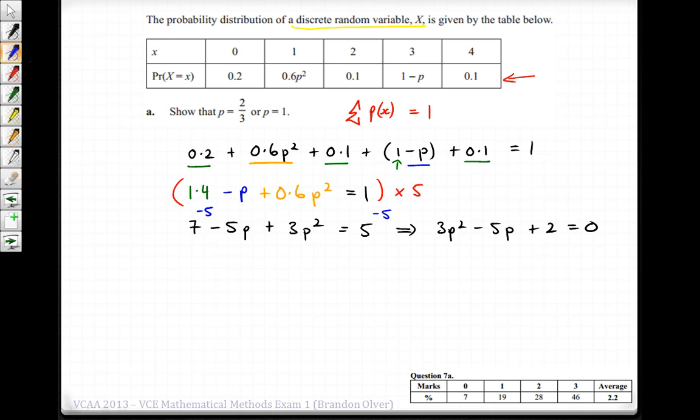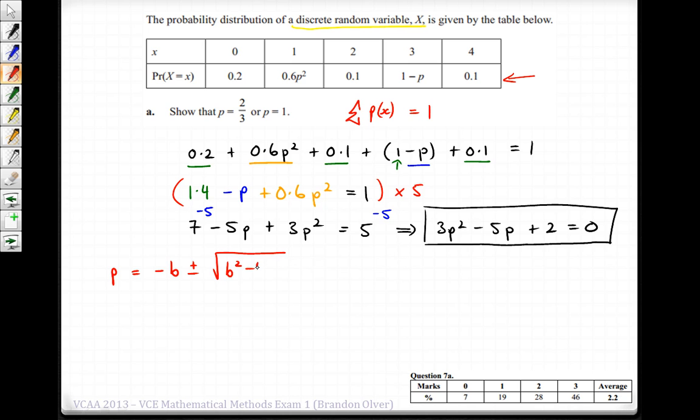So now with this equation here, all I need to do is solve for p, and hopefully I'll find that p equals 2/3 or p equals 1. So I think use the quadratic formula. So I know that p equals minus b plus or minus the square root of b squared minus 4 times a times c, all divided by 2a, where this is a, this is b, and this is c.